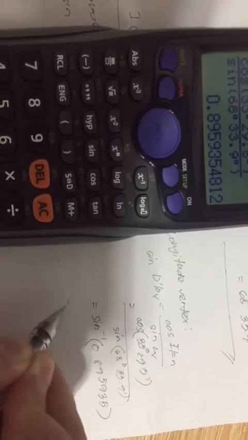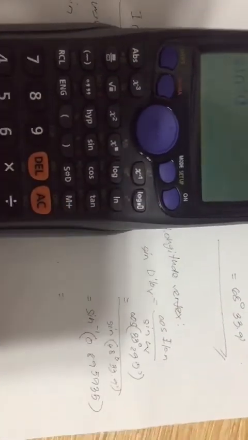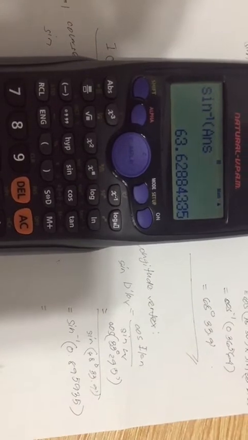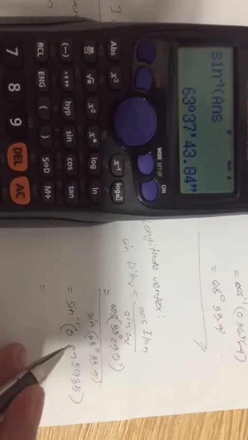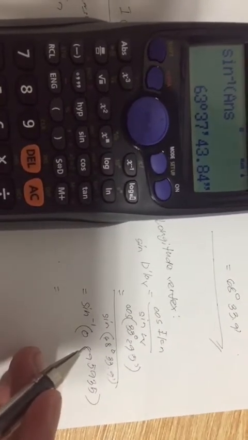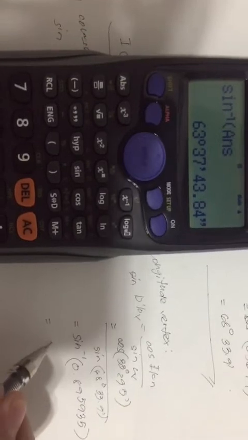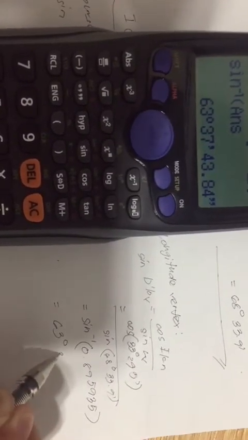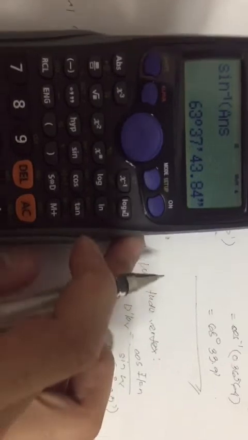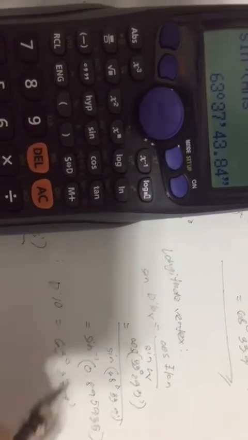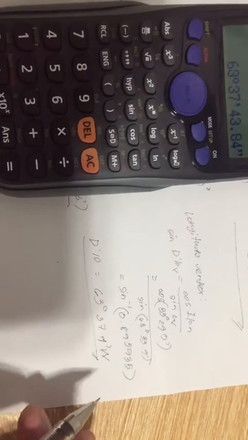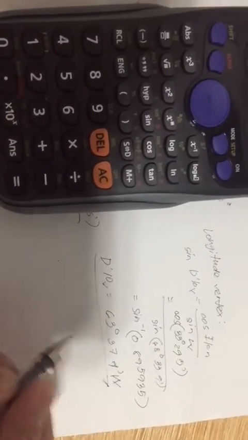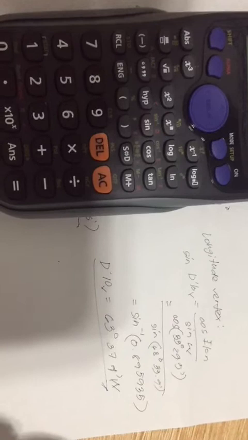The answer is 63, and then convert it into degrees. The answer is 63 degrees and 37.4 minutes. So that is our d-long, and it is west.